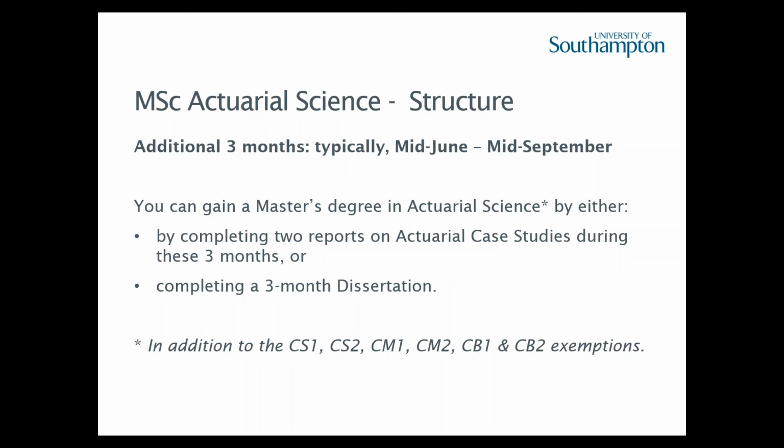However, sometimes students have external funding, maybe from an insurance company, and we try to accommodate this if those funding parties would like students to carry out a traditional 3-month supervised dissertation on a certain topic. In those cases, we're happy to consider the suitability and feasibility of the investigation formally proposed by either the student or the funder, and students complete a 3-month dissertation.